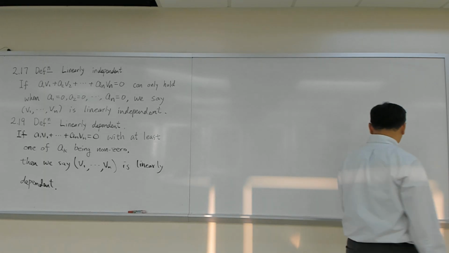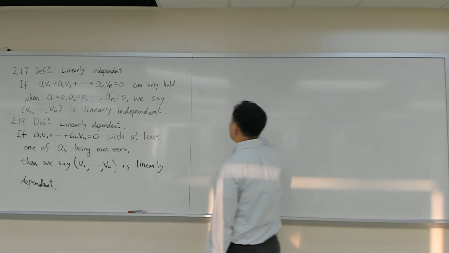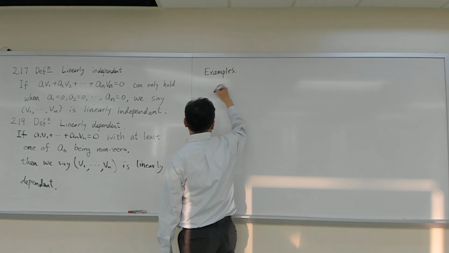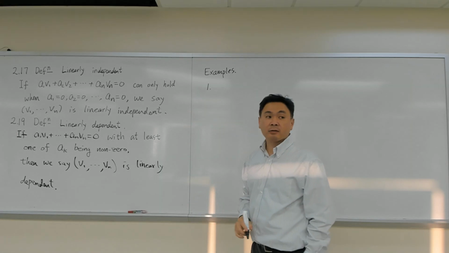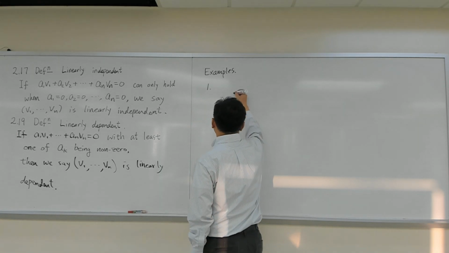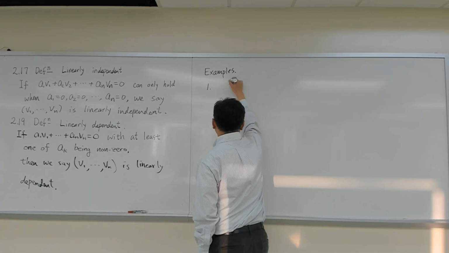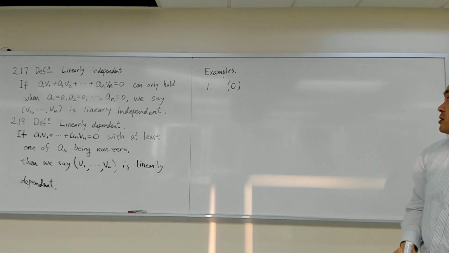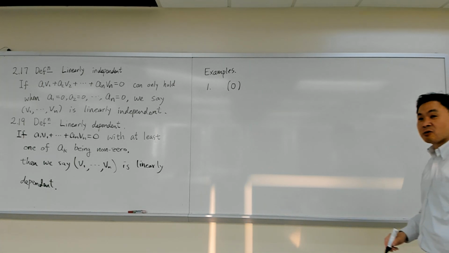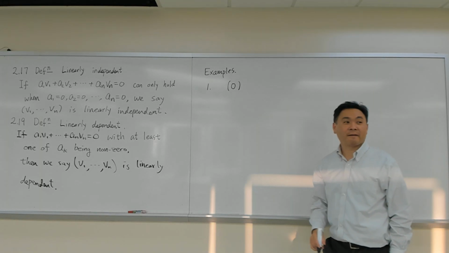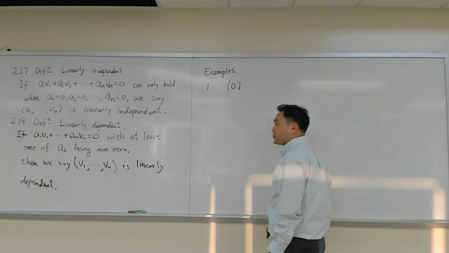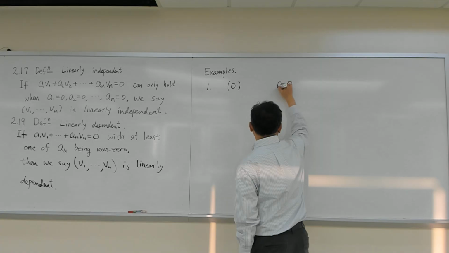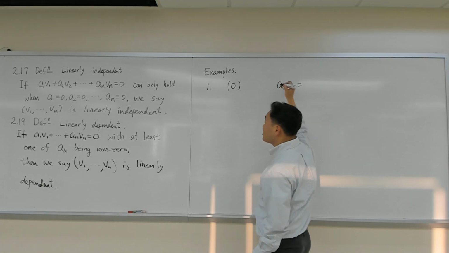Okay, so let's think about some examples. Number one, what if you have just the zero vector itself? So a single list of just the zero vector. Is this a linearly independent list or a dependent list? Well, if you have a zero vector and you multiply it by something, you get 0.